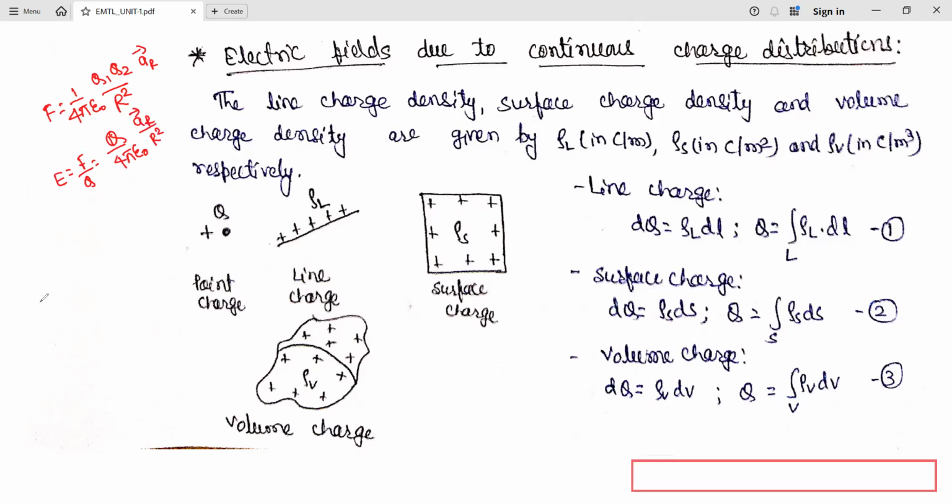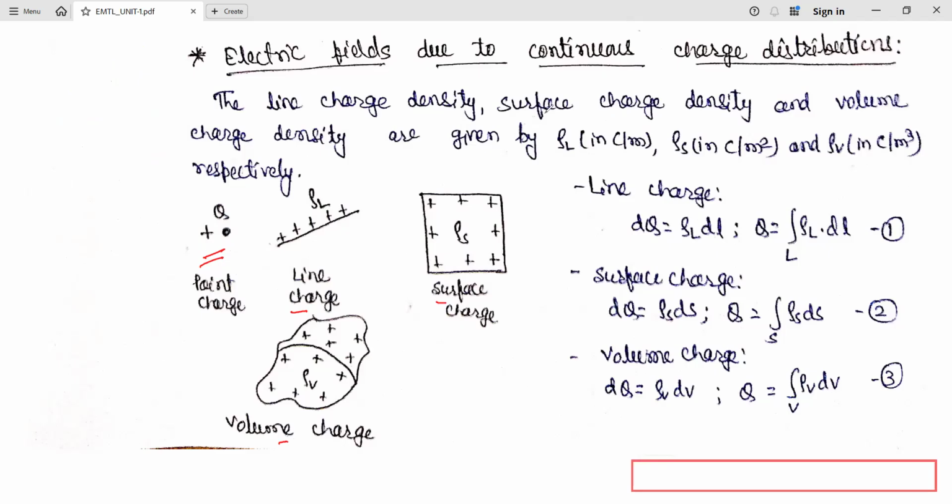Now we are trying to find the electric fields in different kinds of charge distribution. We have considered different situations like line charge, surface charge and volume charge. Earlier we have seen Coulomb's law and electric field intensity in case of point charge. Now the charge is distributed over the line, over the surface and over the volume.